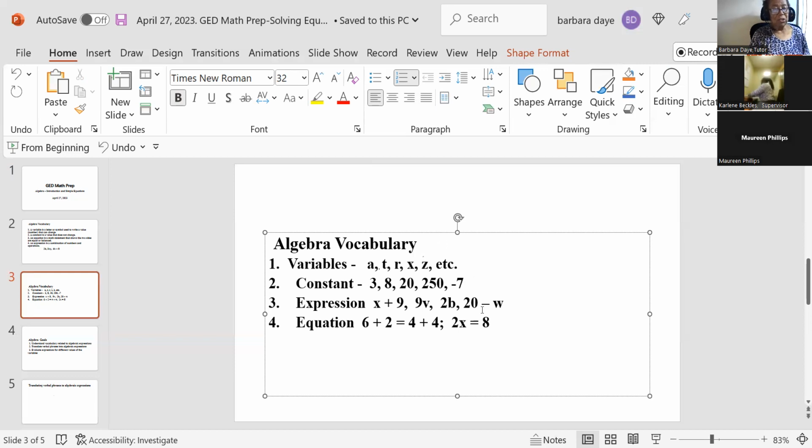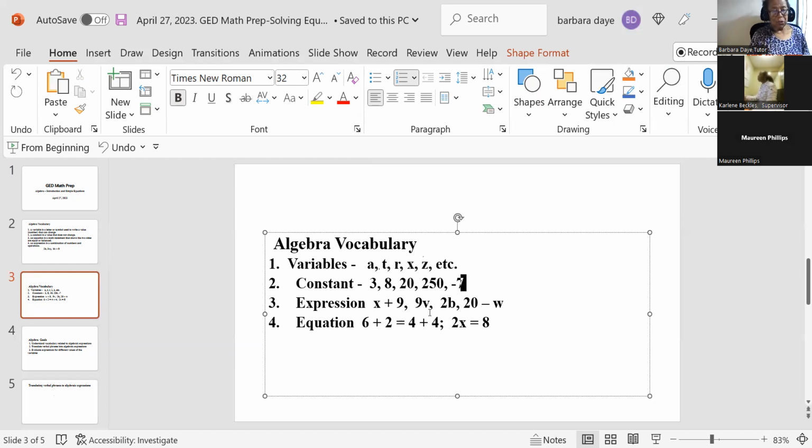But now notice the difference. Equations have equal signs, right? 6 plus 2 equals 4 plus 4. The left side equals the right side. If you change something on the left, you must change the right the same way because you keep equations balanced.